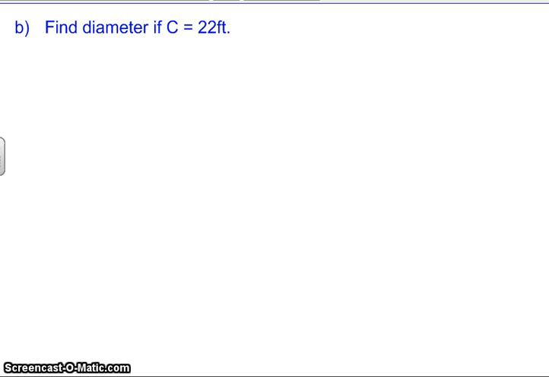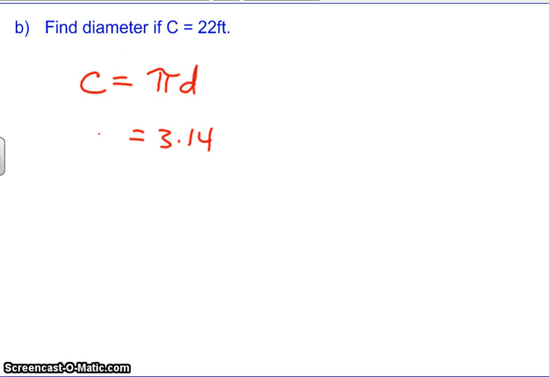Okay. Find diameter if C equals 22 feet. So where do we start, Liam? You have to say C equals pi times diameter. Okay, so why are you choosing this formula this time? Because it's diameter, not radius. Good, we're looking for diameter, good. Okay, so how would you substitute? C equals 3.14 times 22.